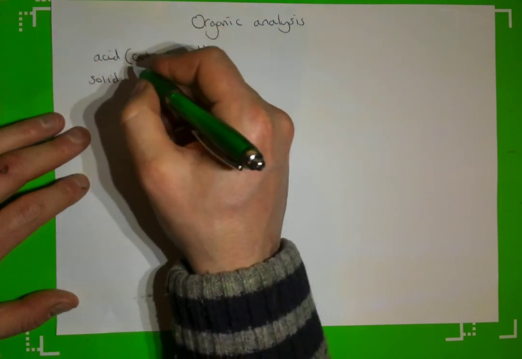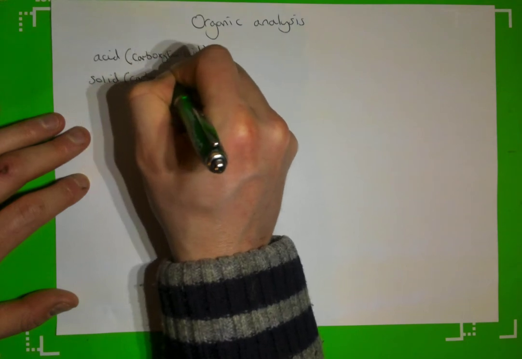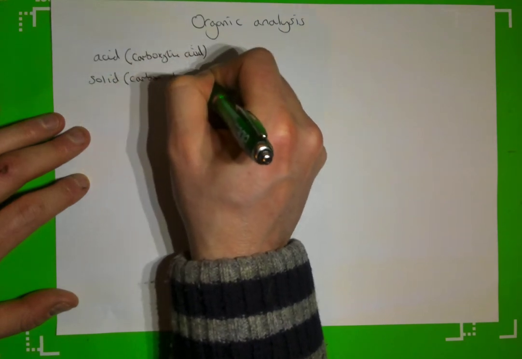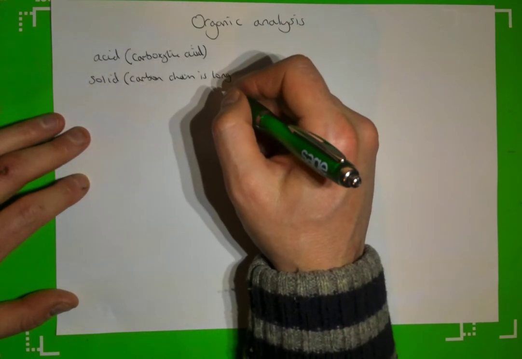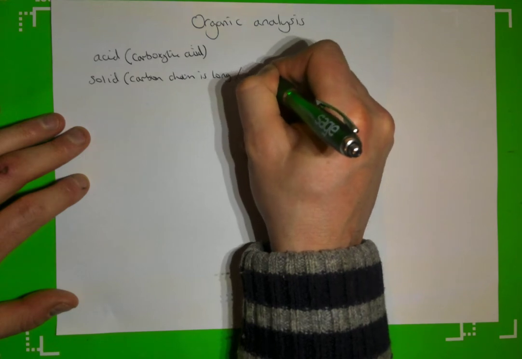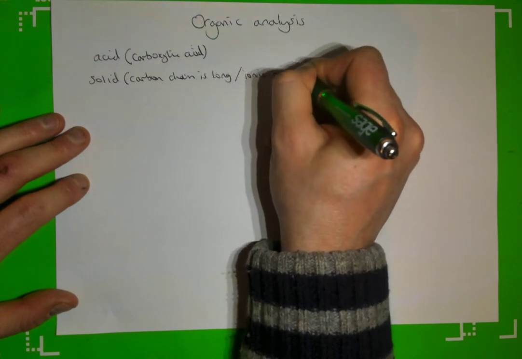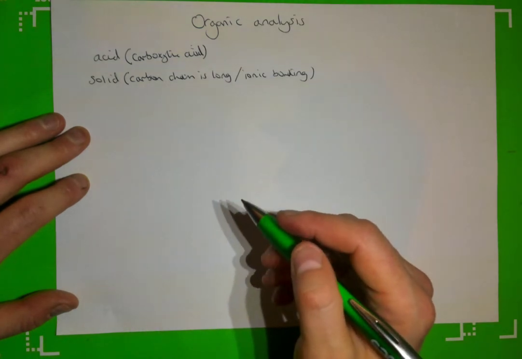If the compound is solid, it might suggest that the carbon chain is long, very long indeed, actually, or that it has some ionic bonding in it, perhaps a zwitterion of an amino acid.